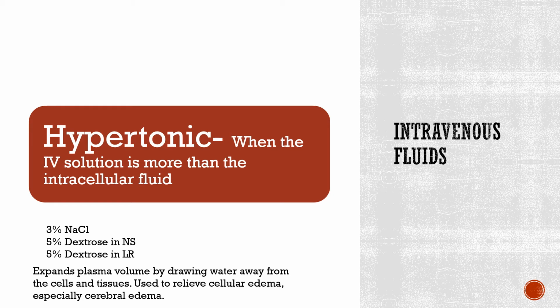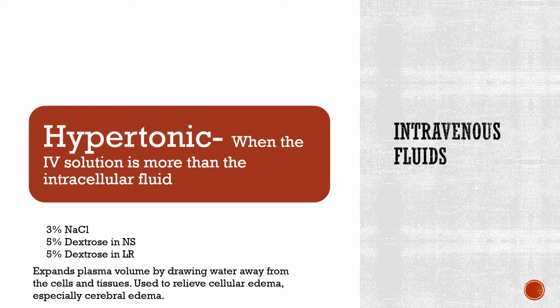I'm putting more of the party into the vascular space. And so if I've got more party in the vascular space, where is fluid from the cells going to go? Is it going to want to stay where it is, or is it going to leave the cell and go into the bloodstream? That's exactly what we want to happen when we're giving a hypertonic solution. It expands the plasma volume by drawing water away from the cells and the tissues.